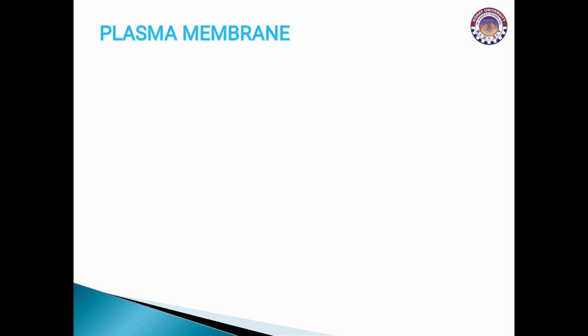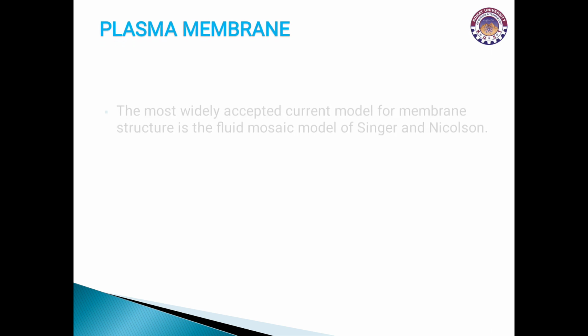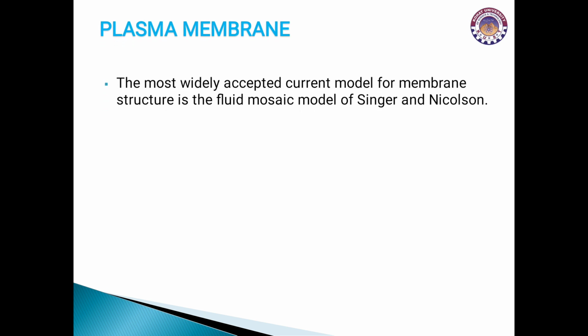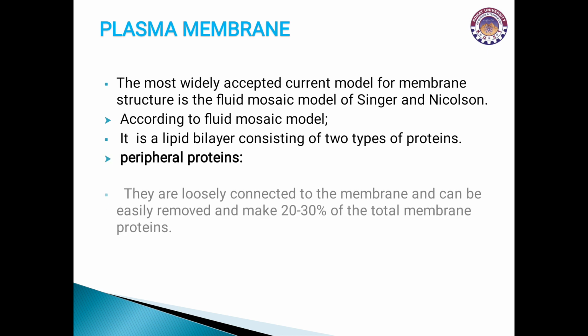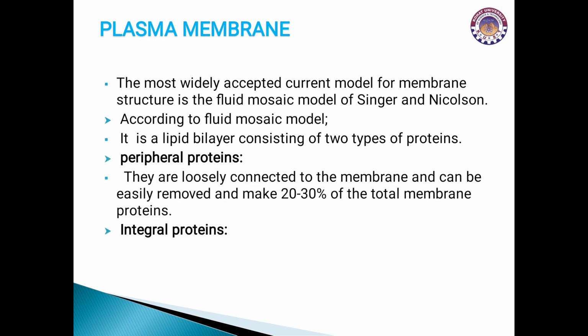Now, in the next slide, what is plasma membrane? The most widely accepted current model for the membrane structure is the fluid mosaic model of Singer and Nicolson. According to the fluid mosaic model, it is a lipid bilayer that consists of two types of protein, peripheral protein and integral protein.